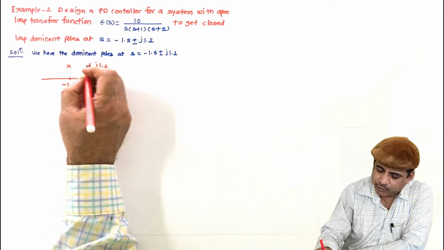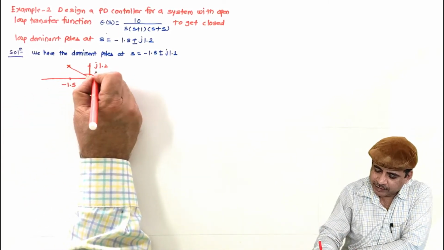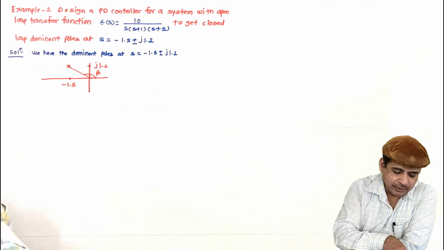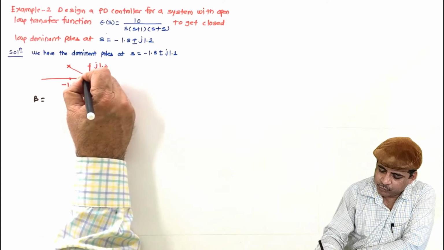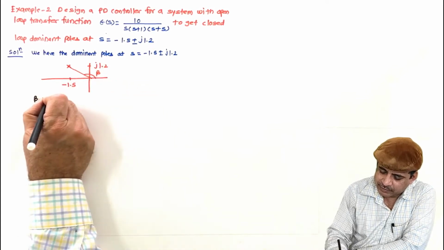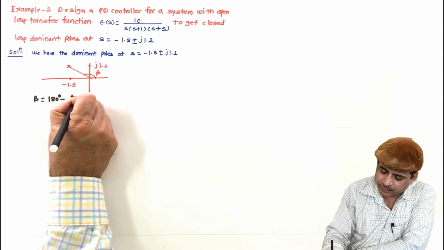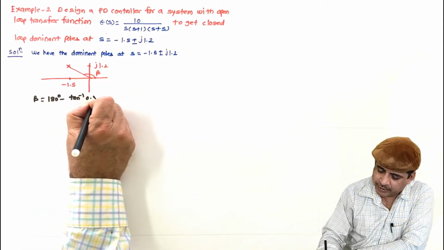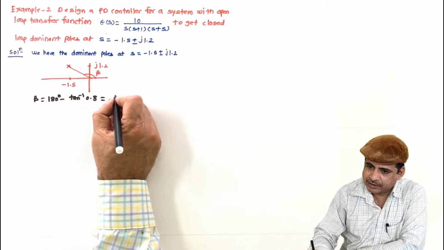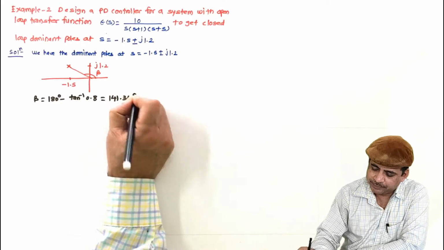So here will be the pole, and this will be its magnitude, and it is the angle beta. So here the angle beta is equal to 180 minus this angle. So 180 minus tan inverse of 1.2 by 1.5, that is tan inverse of 0.8, and it is coming 141.34 degree.